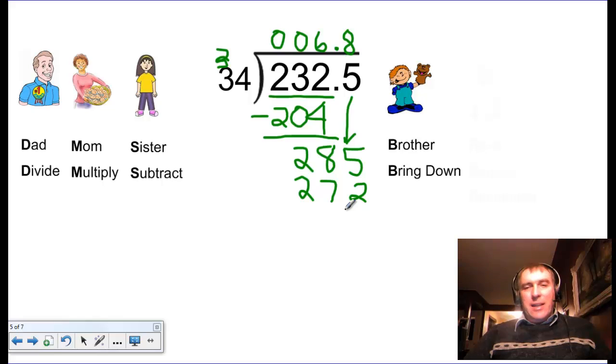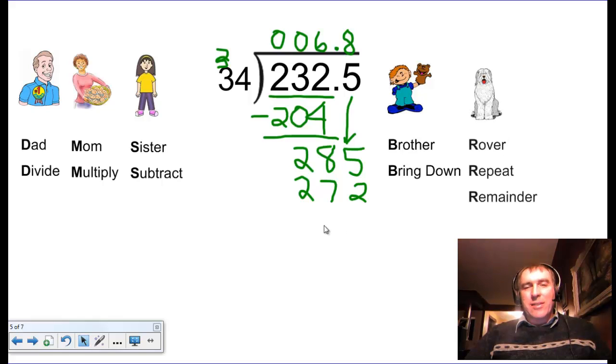8 times 3 is 24, 25, 26, 27. Good. Rover basically told us that we had to repeat it, so we were doing that. Dad told us to divide, so we did that. Mom told us to multiply, so we did that. We're on to Sister, and Sister basically tells us to subtract, so we do that, and we get 13.